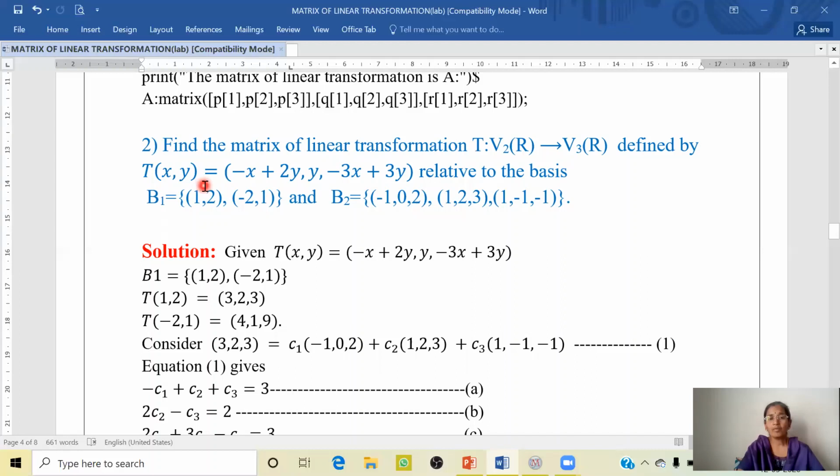Here t of x comma y is defined to be minus x plus 2y minus y comma minus 3x plus 3y. And the bases given to us are B1, which contains 2 ordered vectors because V2R is of dimension 2, therefore there are 2 vectors in B1, and B2 contains 3 triplets, which are the basis of V3R.